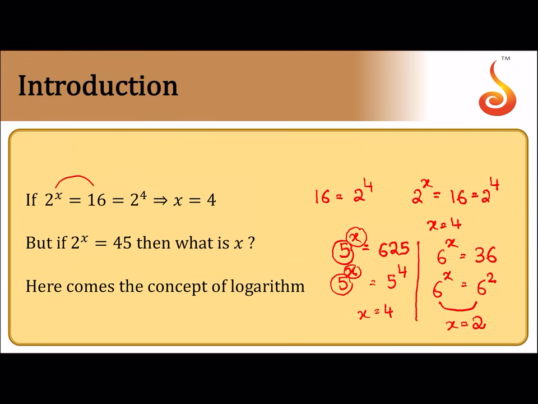So this 5 is called the base number and x is the exponent. Similarly, 5 is the base, x is the exponent. So when the bases are the same, the exponents must be equal. From this what do we learn? Suppose a to the power m equal to a to the power n, the base is the same, then m equal to n.